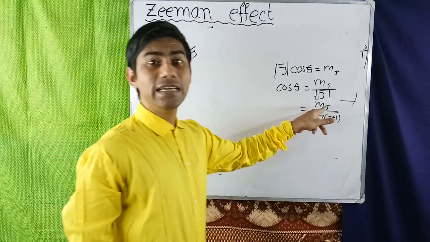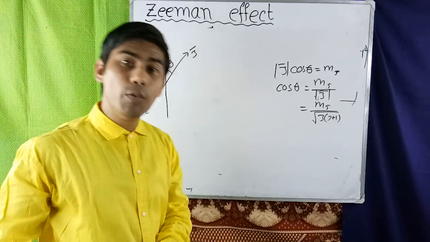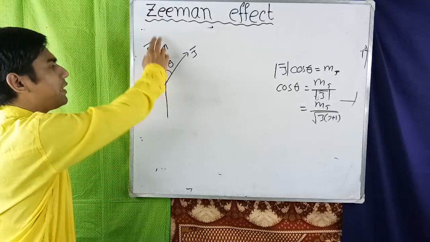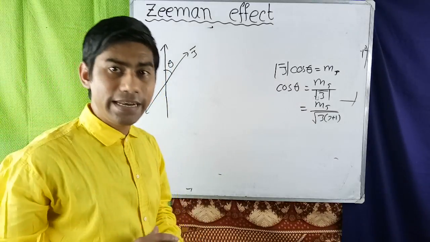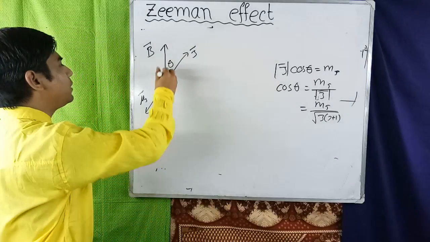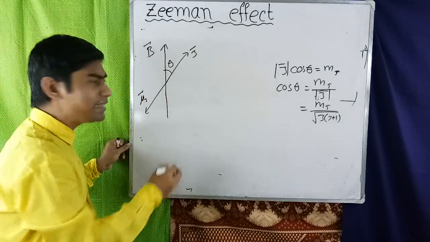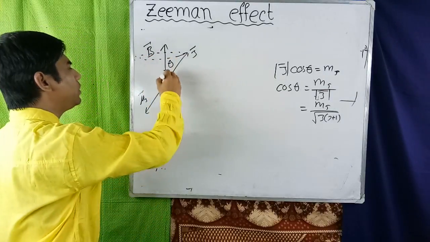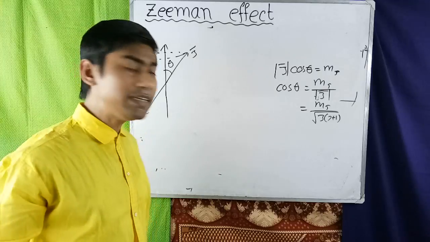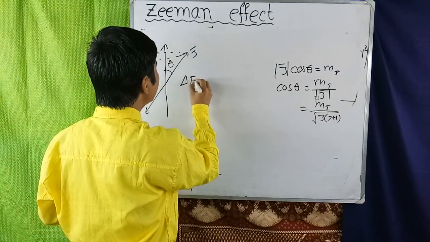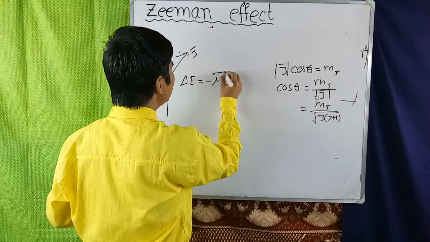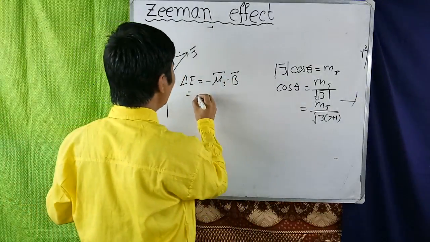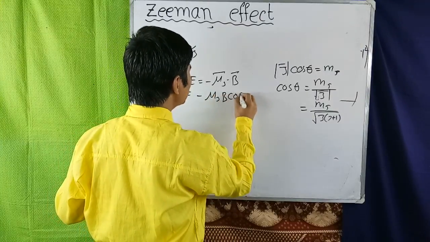Where m j is the total magnetic quantum number of the atom. Now due to the interaction between mu J and B, the atom has additional energy, and J will precess about the direction of B. The additional energy is given by delta E equals minus mu J dot B, which equals minus mu J B cos of the angle.